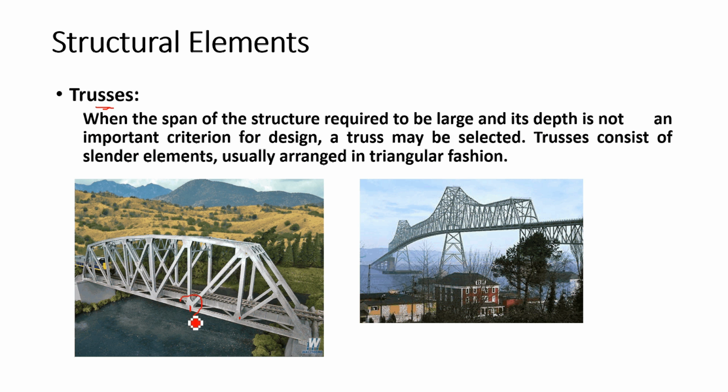You can see it's connected here. That means load is transferred to the truss through these connections. So finally, what we can observe here is that your members will carry only the axial load, whether it is tension or compression.